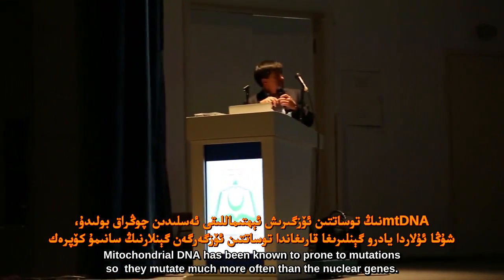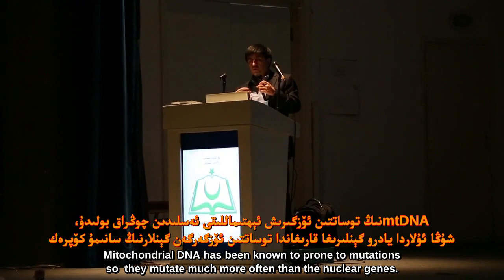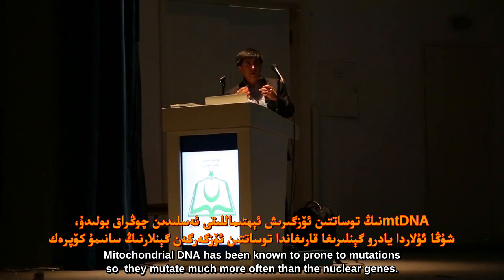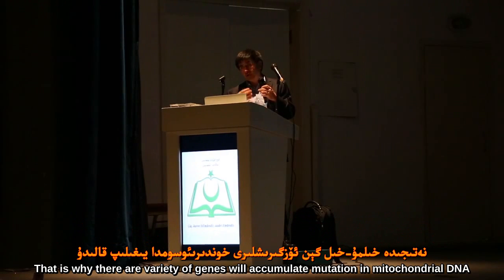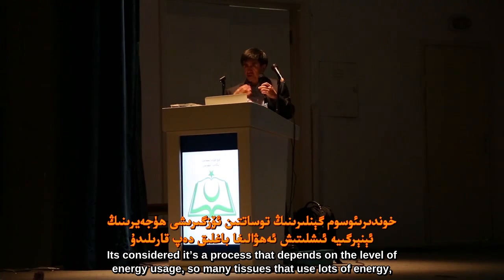Mitochondrial DNA is known to be prone to mutations, so it mutates much more often than nuclear genes, and that's why a variety of tissues accumulate mutations in mitochondrial DNA. It's considered that this process depends on the level of energy used.